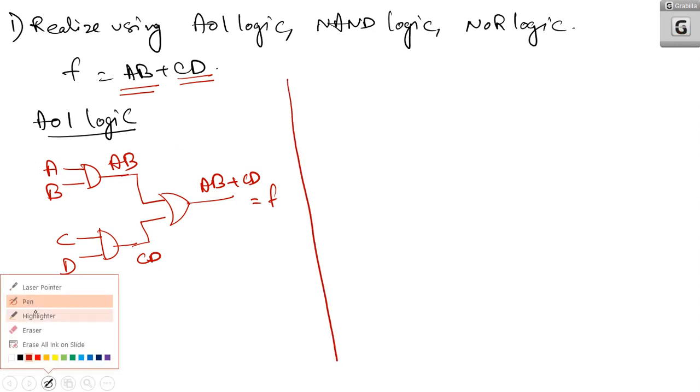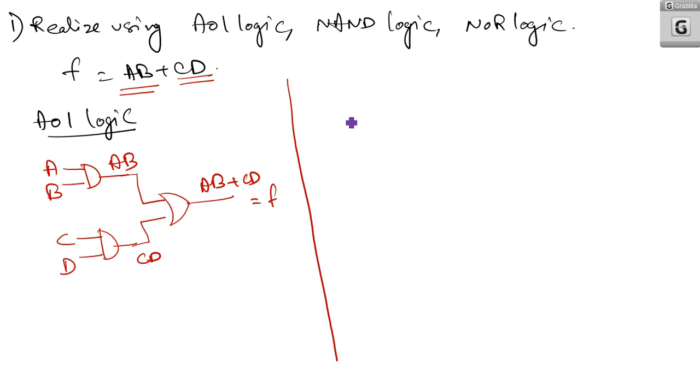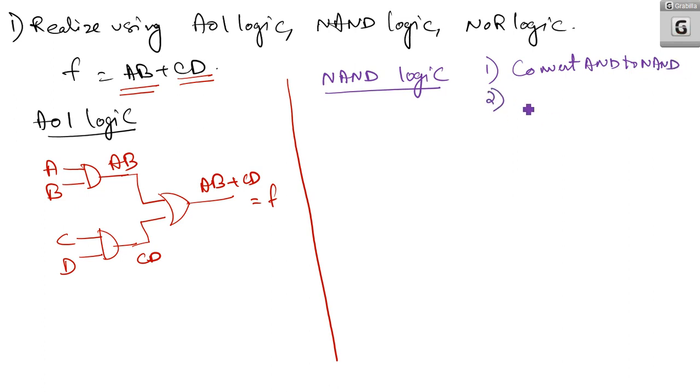Next one I am going to deal with NAND logic. How to deal with NAND logic? Okay. So the steps to form the NAND logic: first step, convert AND to NAND. Second step, convert OR to bubbled OR.